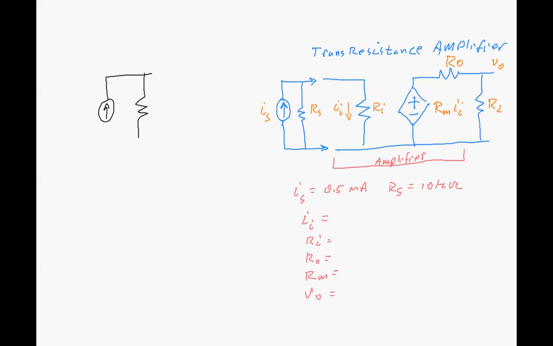So this is our signal source. We've got 0.5 milliamps, and we've got a 10K signal resistance.